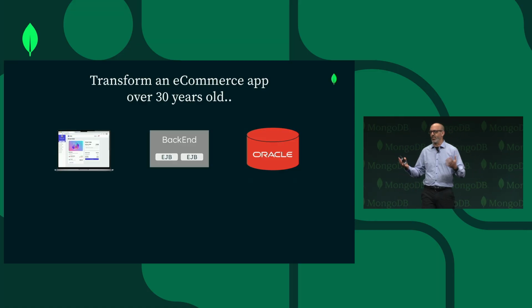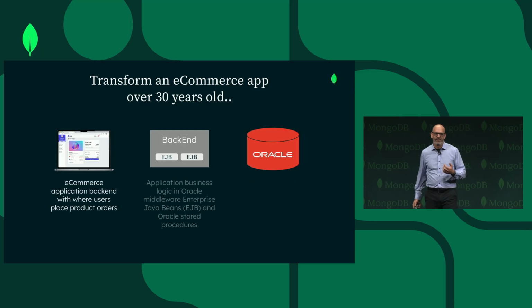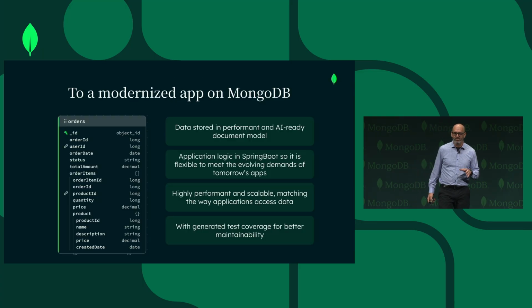It was built 20 or 30 years ago, so its backend is EJB and Java, and it's built on Oracle. The other thing about this app is it was built by a team of people that no longer work at our company, and it's been patched over 20 or 30 years, so the code base is a little bit of a nightmare. So that's kind of the setup.